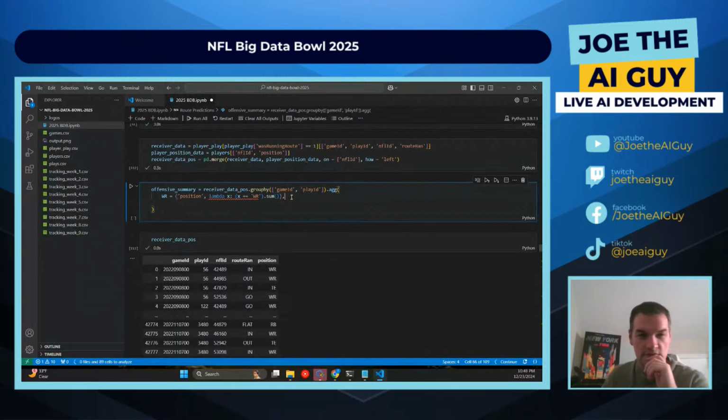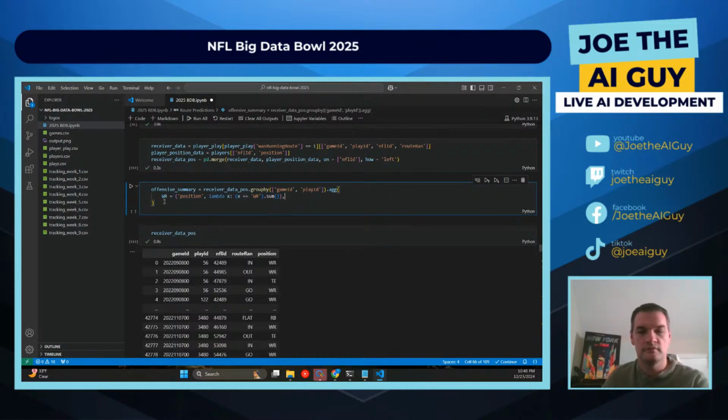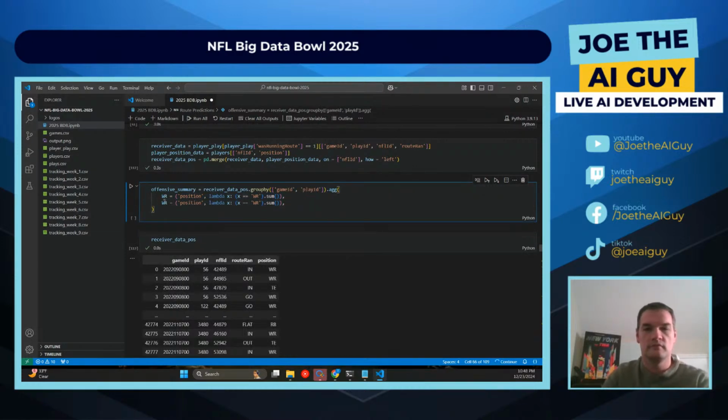This should not be here. Same thing for tight ends.